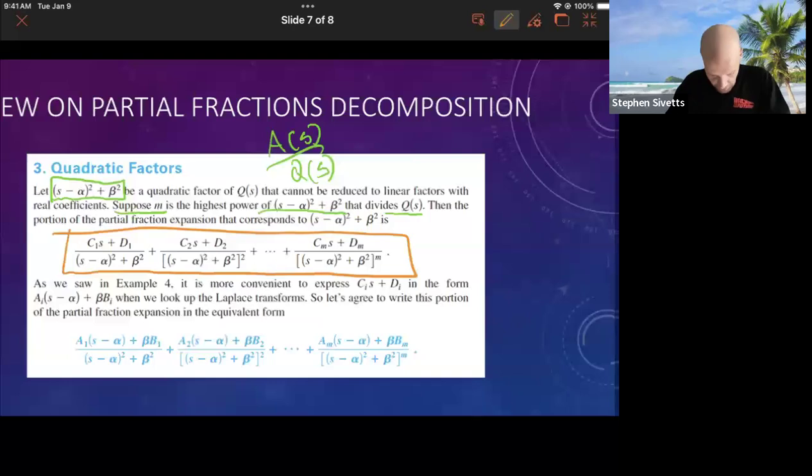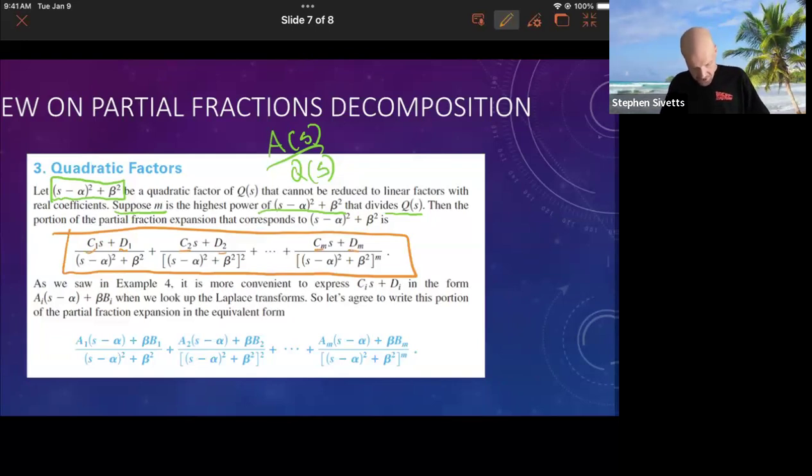So notice here, right? We add in 2 constants for each fraction. One of them corresponds to the s term, and the other is just an ordinary constant term, right? So C1, C2, and all the way up through Cm are the respective coefficients on s, and then the D1, D2 through the Dm numbers are your constants.